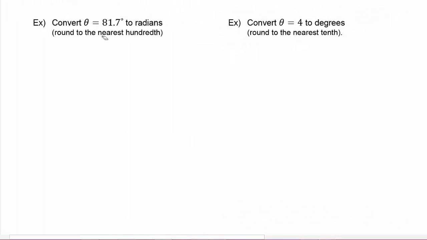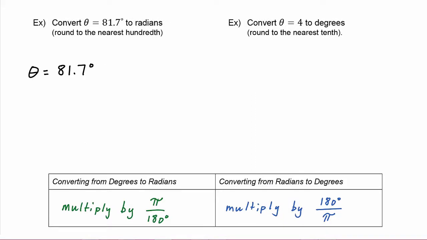In this next example, we have to convert theta equals 81.7 degrees into radians. So we start off writing down theta equals 81.7 degrees. And now we know we're converting from degrees into radians.